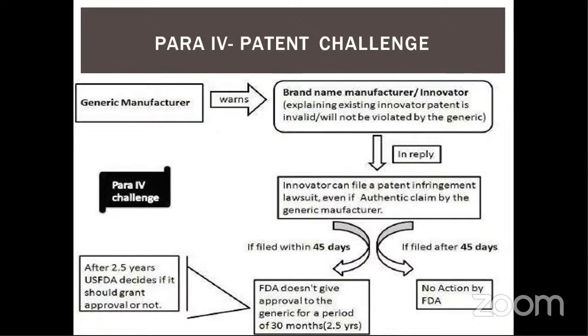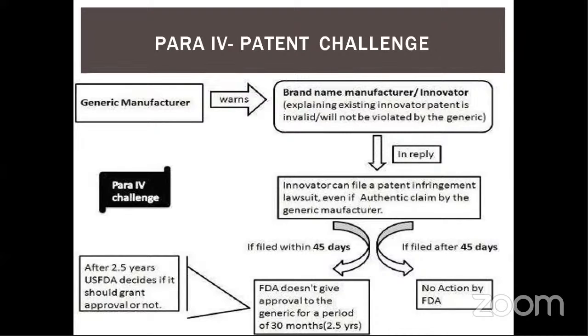When they warn, in reply the innovator can file a patent infringement lawsuit, even if the claim by the generic manufacturer is authentic. And in reply, if it is filed within 45 days, then FDA does not give approval to the generic for a period of 2.5 years, 30 months.